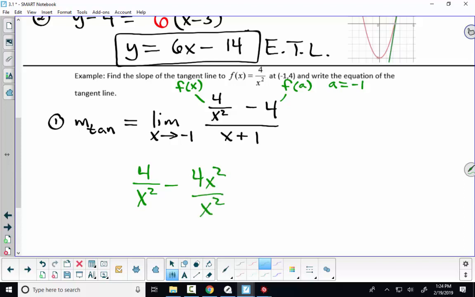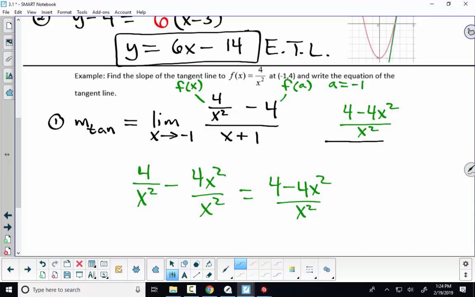So the other option is to subtract those things in the numerator: 4 minus 4x squared all over x squared, all over x plus 1. But then you still have a complex fraction, but at least we have a single thing in the numerator and a single thing in the denominator.